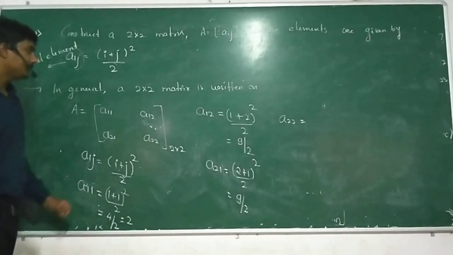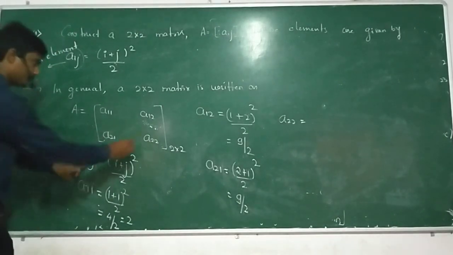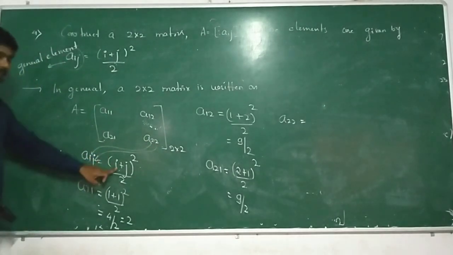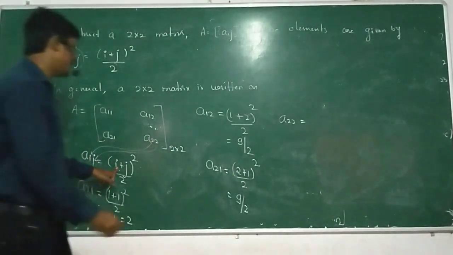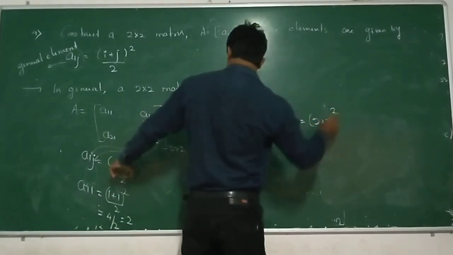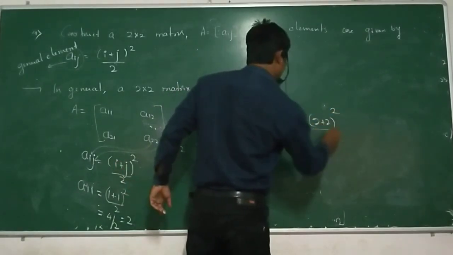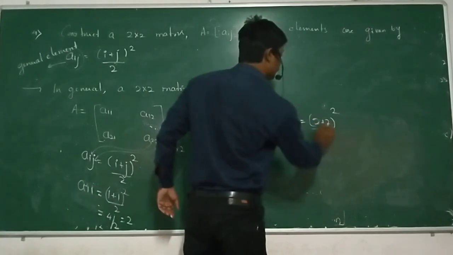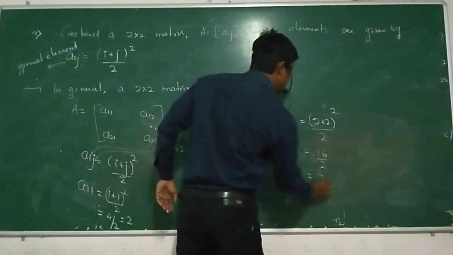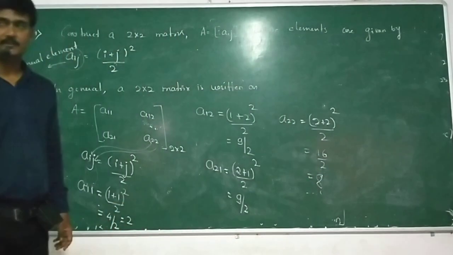So to write down A22, put i value as 2 and j value as 2 in this general element. So 2 plus 2 whole square divided by 2. So 2 plus 2 is 4, square is 16 by 2. So element A22 is 8.